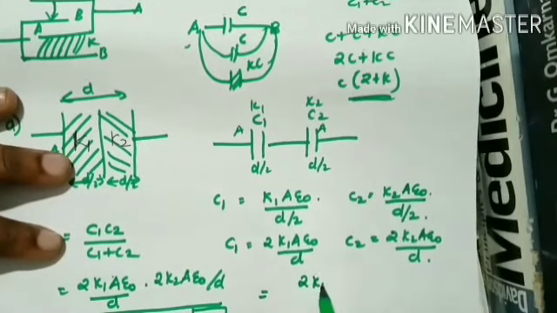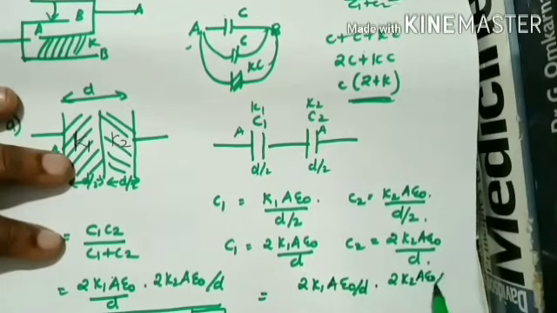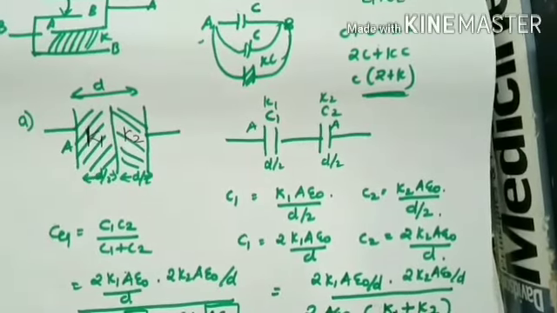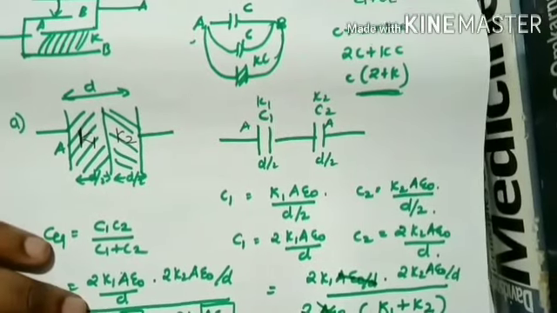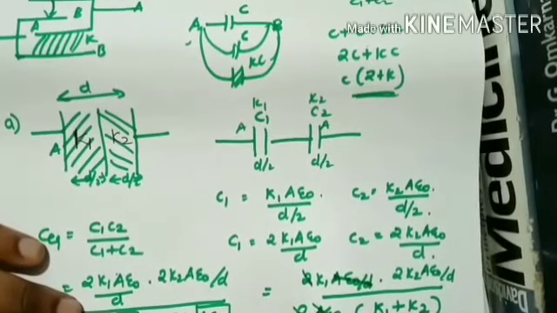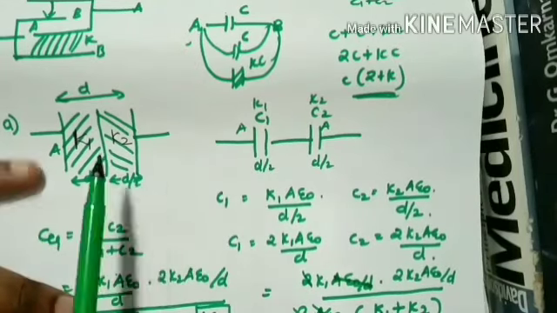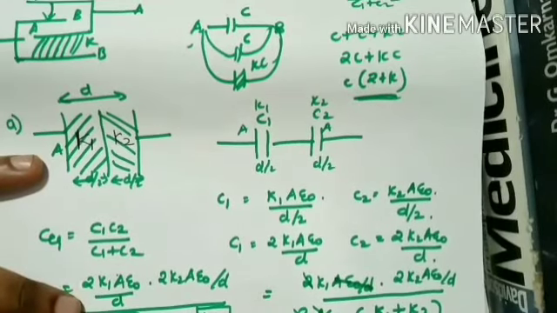So it is 2K1 A epsilon naught by D into 2K2 A epsilon naught by D, whole divided by 2 A epsilon naught by D, and in the bracket there will be only K1 plus K2. I hope it is clear. So I can remove these common parts, and the entire thing becomes 2K1 K2 A epsilon naught divided by D into (K1 plus K2). This is the expression when the dielectrics are in series. Clear?